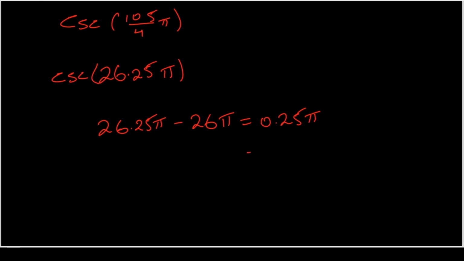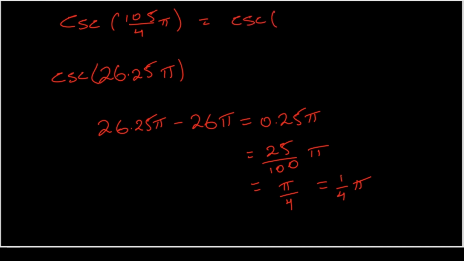Now 0.25 means 25 over 100 pi, and when we simplify this, we get pi over 4, or in other words, 1 over 4 pi, the same thing. So cosecant of 105 over 4 pi is also equal to cosecant of pi over 4.